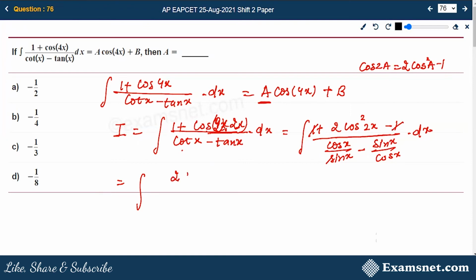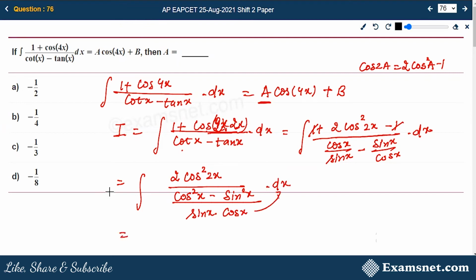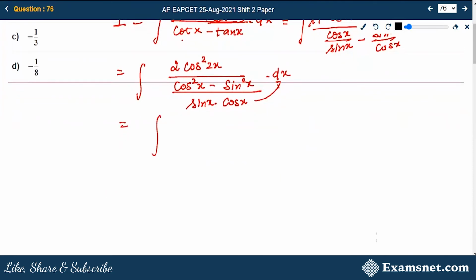So now this will be integral of 2 cos square 2x upon cos square x minus sin square x, divided by sin x into cos x, dx. Right? I'll take this up. So this will become integral of 2 cos square 2x upon cos square x minus sin square x into sin x cos x dx.